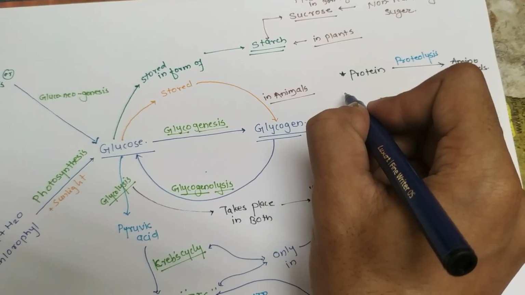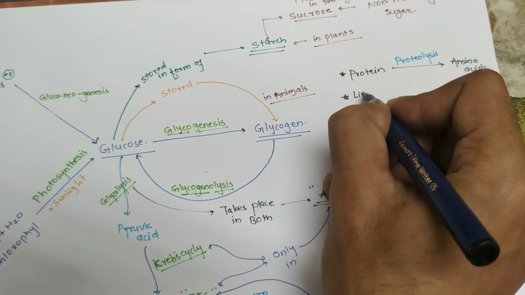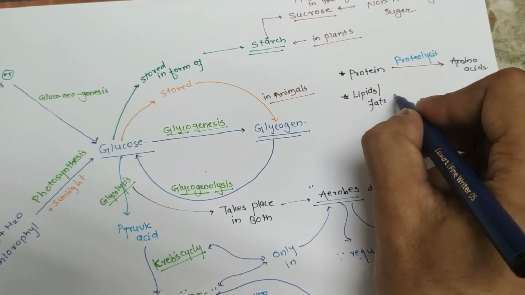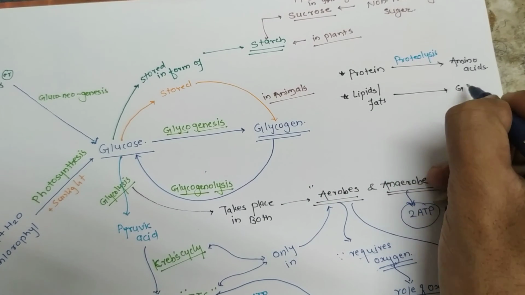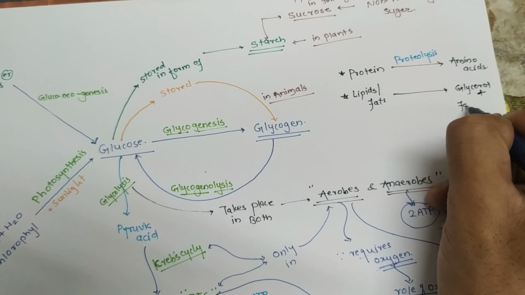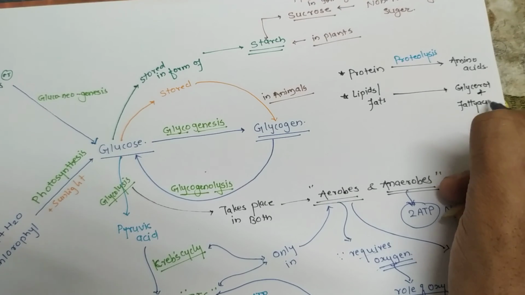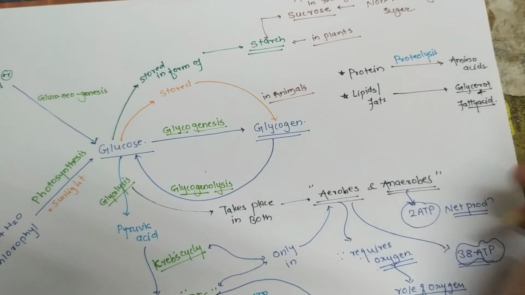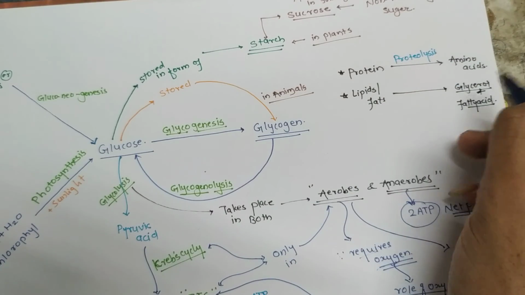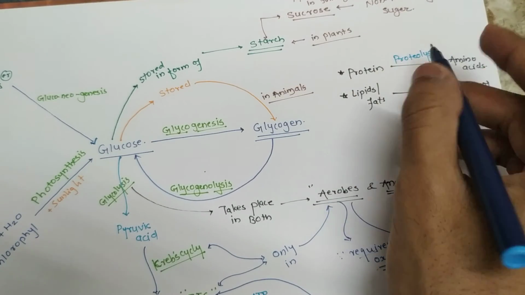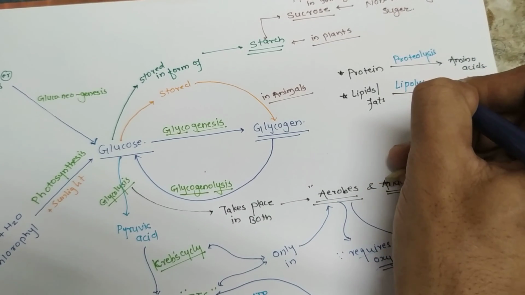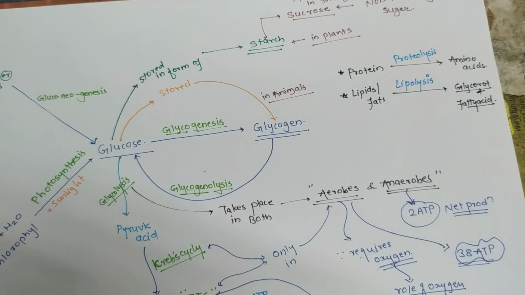Another is lipids, or we can call them fats, that break down to form glycerol plus fatty acid. So these lipids get converted into glycerol plus fatty acid, and the process is called lipolysis. Okay.